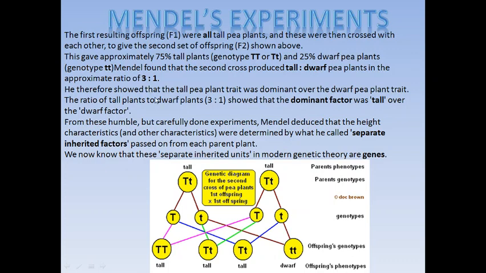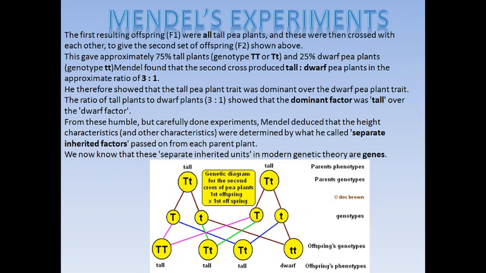So he concluded that the tall pea plant trait was dominant over the dwarf pea plant trait. The ratio he received was 3:1, and he concluded that tallness is dominant over dwarfness.